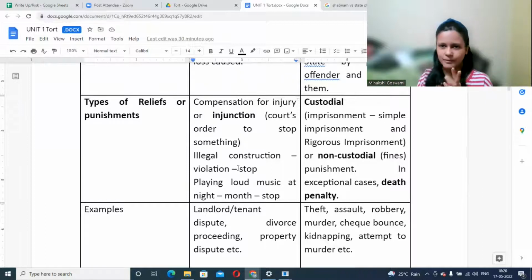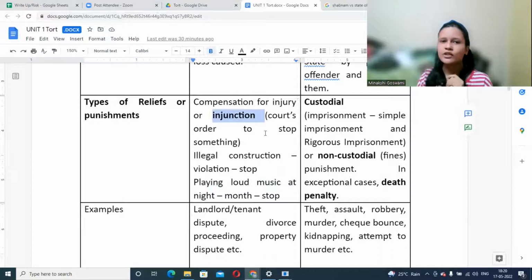Take for example, we both are neighbors. I am playing loud music every single night and disturbing your sleep. It continued for 6 months. After that, you thought enough is enough and went to court. You said that for 6 months you have not been able to sleep peacefully, so you want an injunction order.